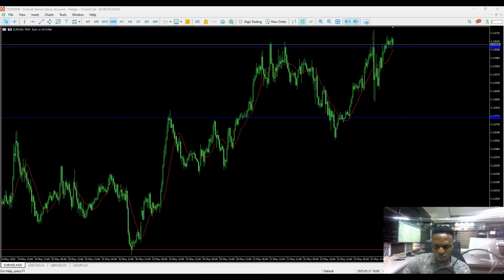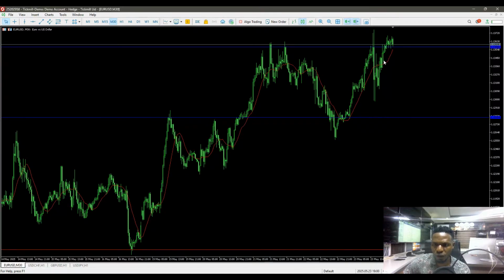Let me go to the screen. So this is another one which has high probability that when price gets here again, it will also move up, because we already have two points of significant movement.